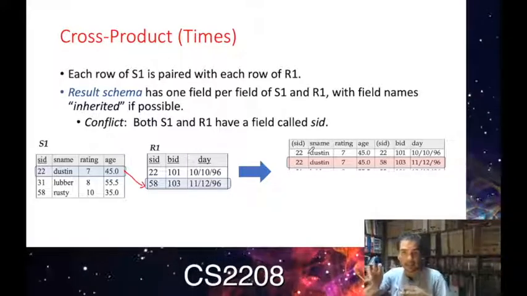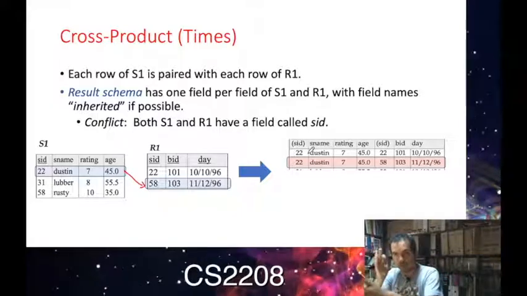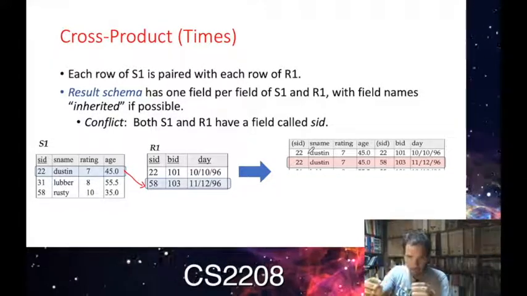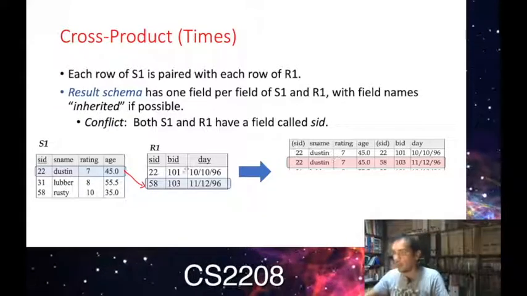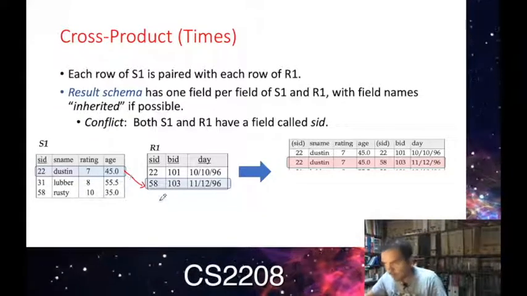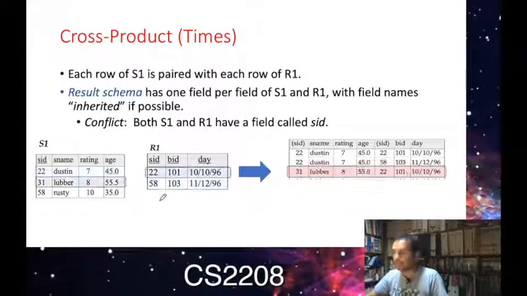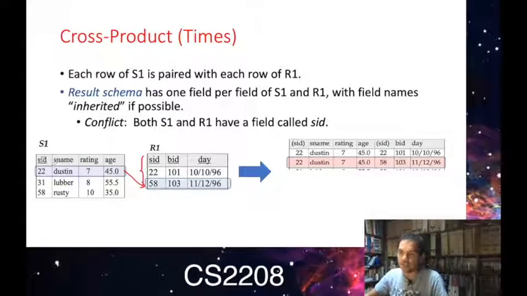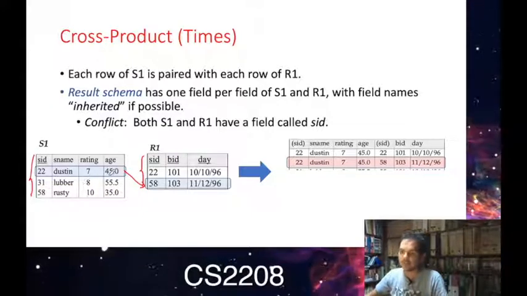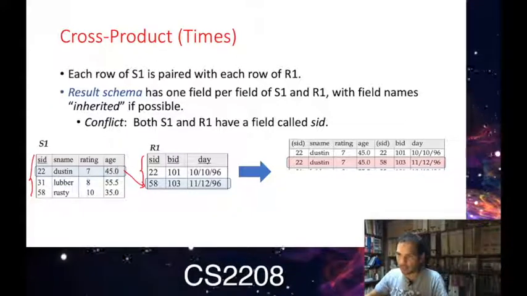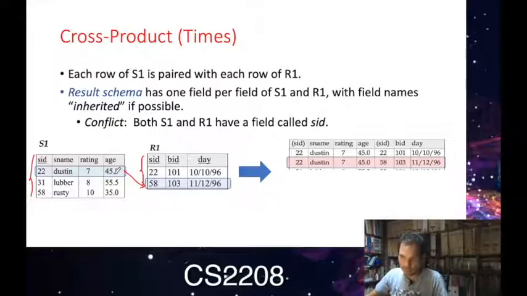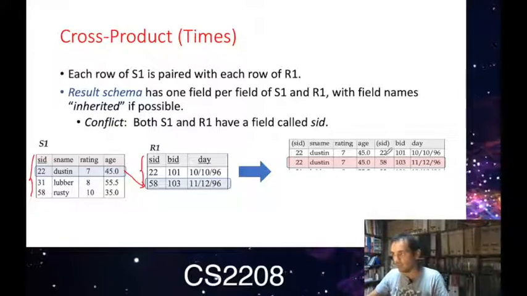Remember that the attributes are all the attributes of both tables. That's the point. And then if we have more entries, we continue. In this particular example, we only have two entries in this table, and three entries in this table. So remember, step one is combining the first one of the first relation with the first one of the second relation, and with the second one of the second relation.